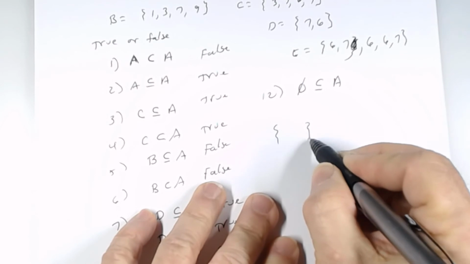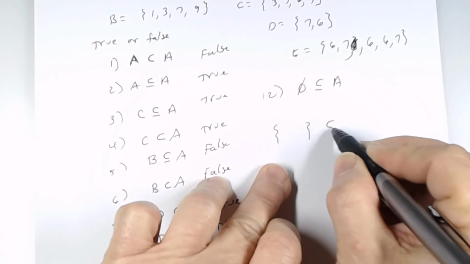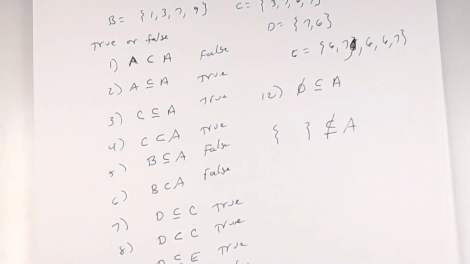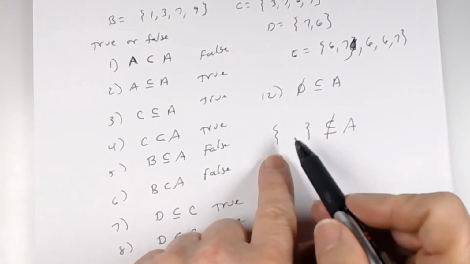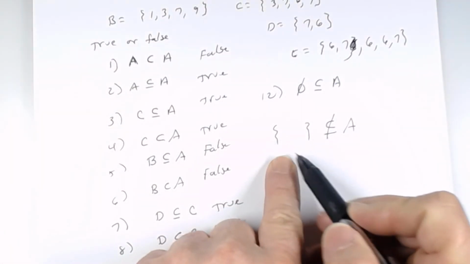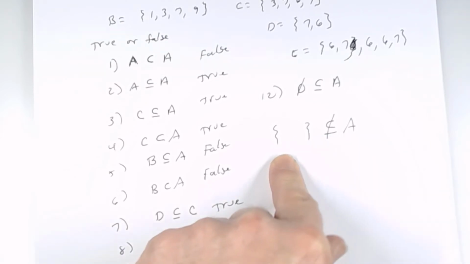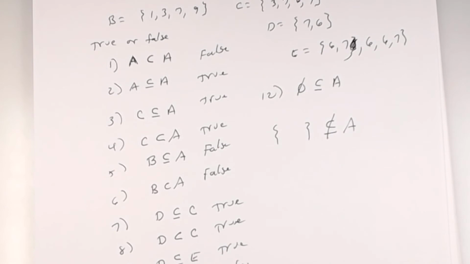In order for a set to not be a subset of another, you have to find an element that's in here that's not in here. Okay? Is it because there's nothing there? Very good. Yes. Excellent. So the empty set is a subset of every set.